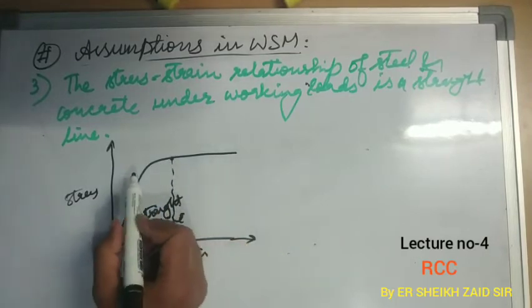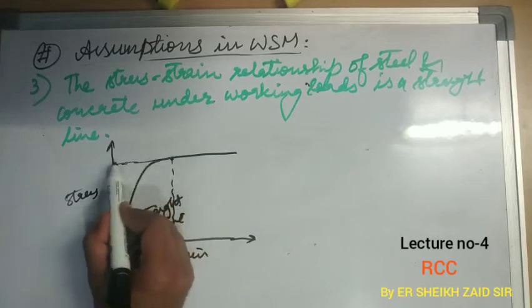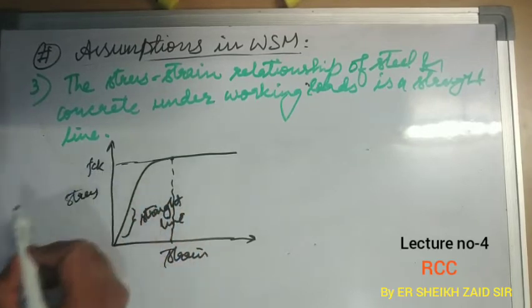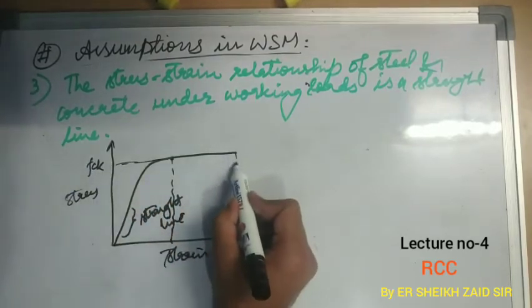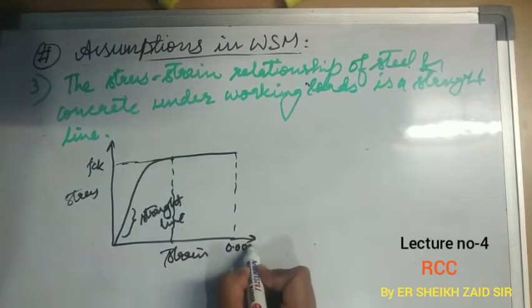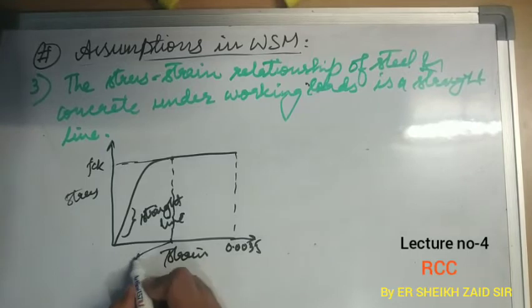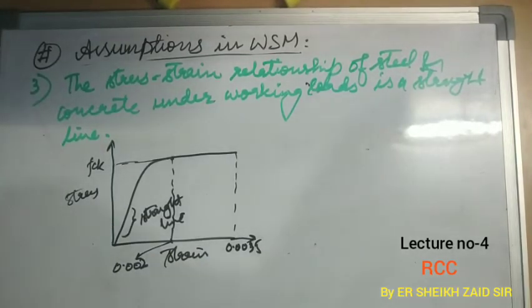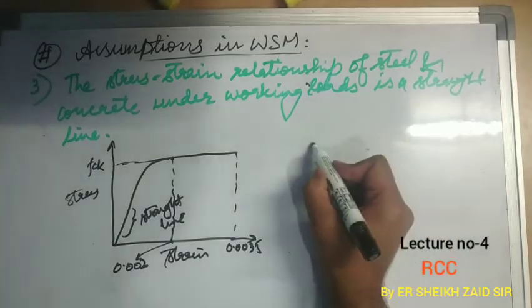These are the corresponding points. This is our characteristic strength of concrete, and the corresponding strains are 0.0035 and here it is 0.002. So this is the stress-strain curve for concrete. Now the stress-strain curve for steel I already explained, but I'll still draw it here.